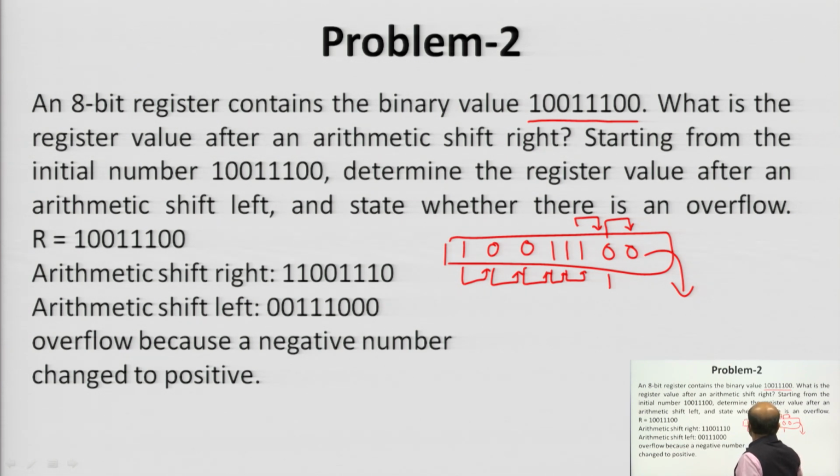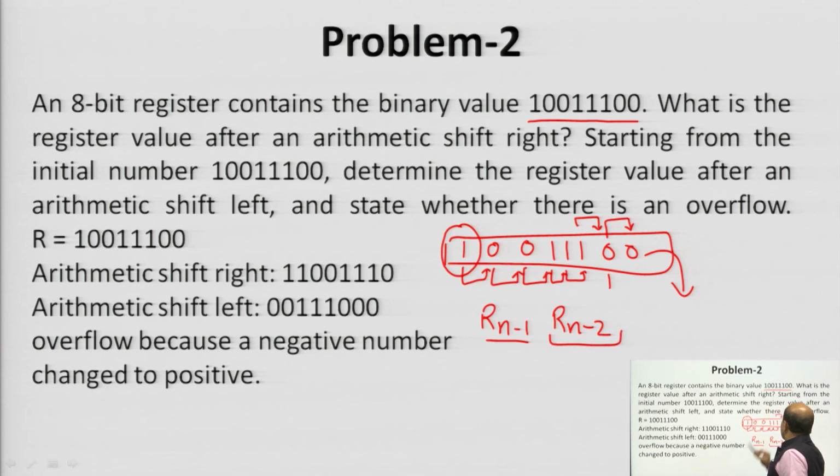And you can see in the register the MSB bit will be called as Rn minus 1, and next to MSB is called as Rn minus 2.